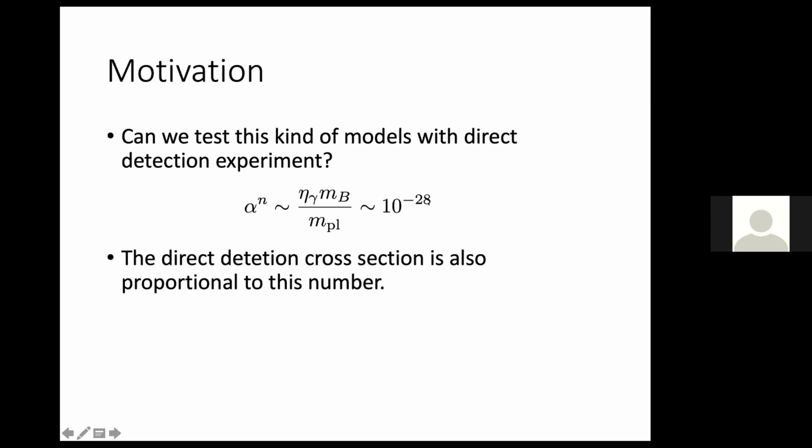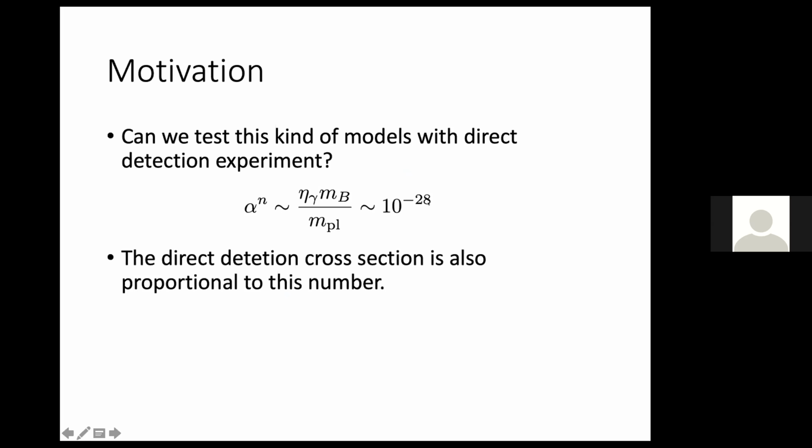people know it is very difficult to do direct detection or to search for any signal from Friesian dark matter models. In today's talk, what we are going to show is that in today's direct detection experiments, we already have the ability to search for the Friesian scenario in at least a very small part of the parameter space.